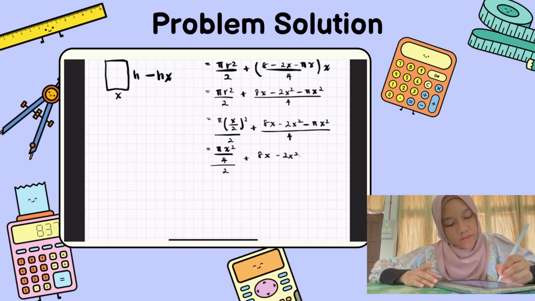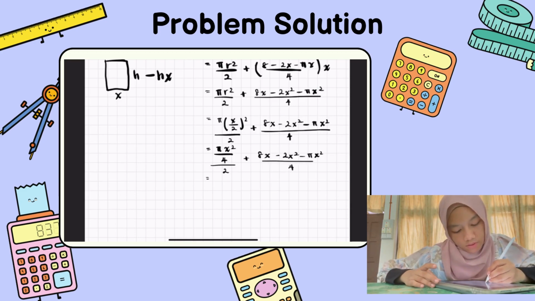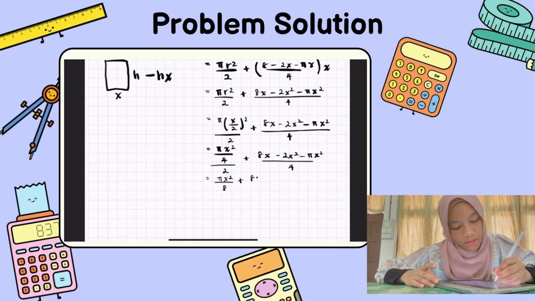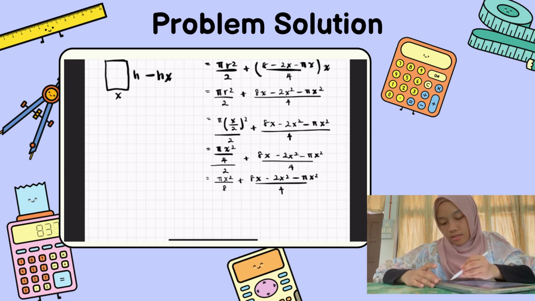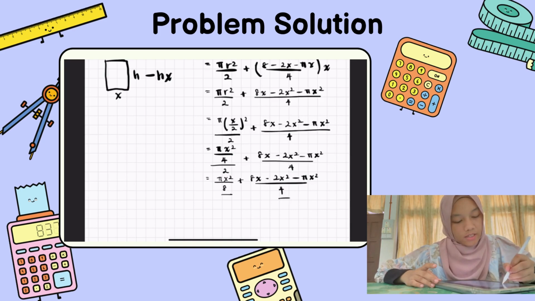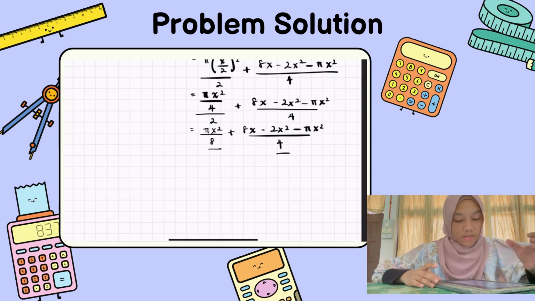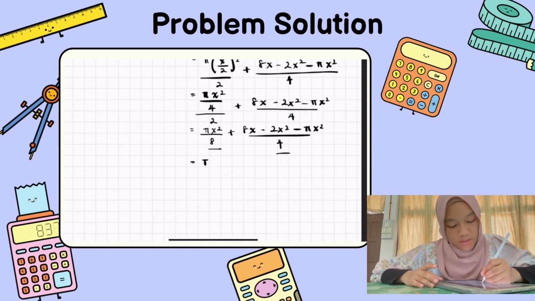The denominator here and here is different, so we have to make it the same. So just pi x squared over 8.